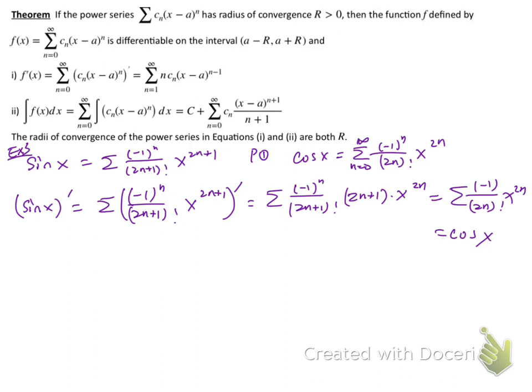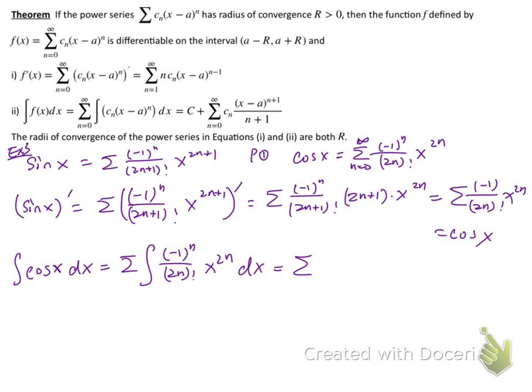Similarly, if you put cosine x in the antiderivative, you can just put a summation. You are doing the antiderivative of each of the terms, x^(2n) dx. Then the coefficient doesn't matter. The (-1)^n over (2n)!, that's the coefficient.